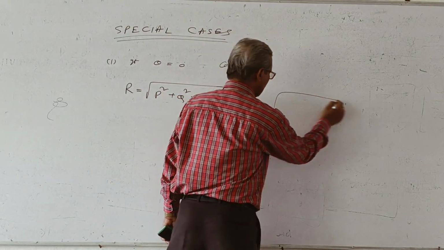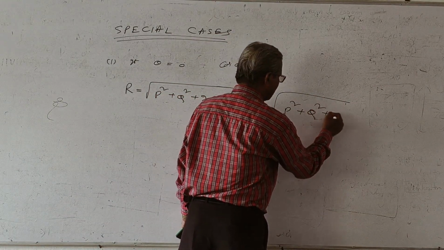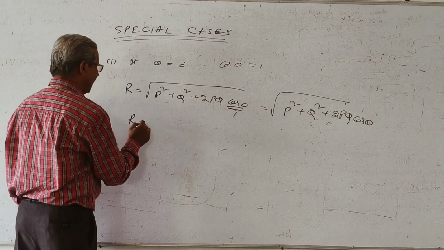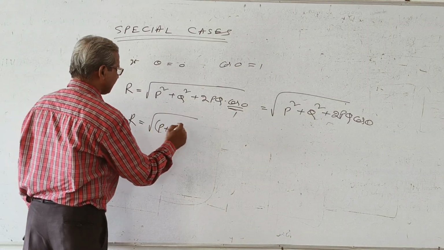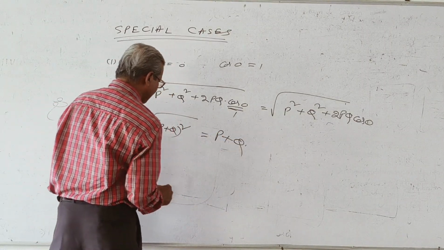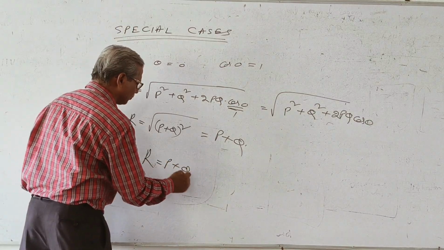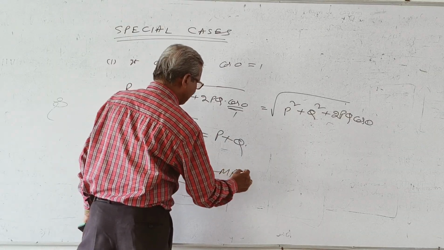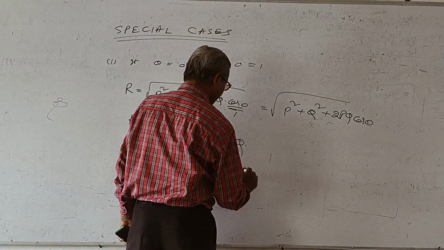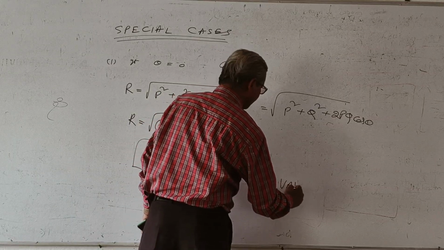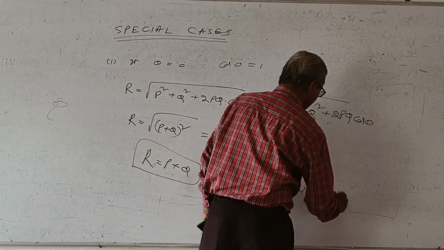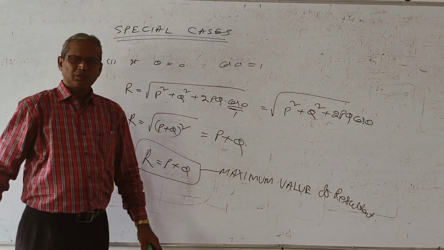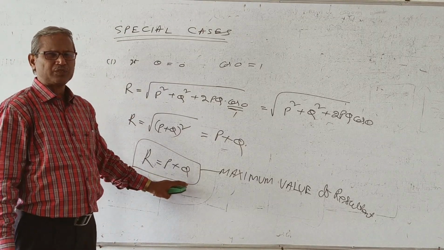That is root over P plus Q whole square, so R is equal to P plus Q. This is the maximum value of the resultant.